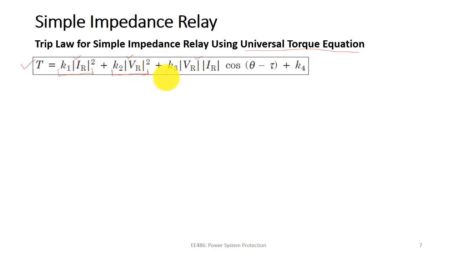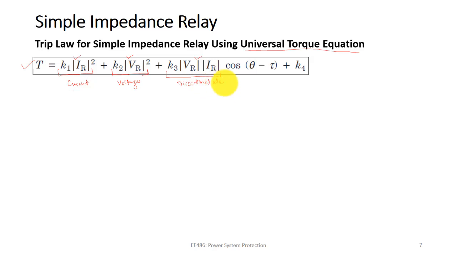Similarly, the third component is also a torque component, and it is because of the directional element. This is because of the current seen by the relay, and this is because of the voltage seen by the relay; the whole term is because of the directional element, both voltage and current.